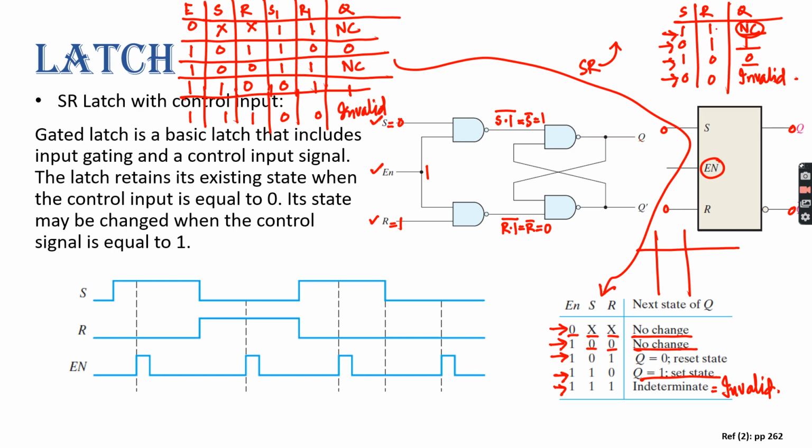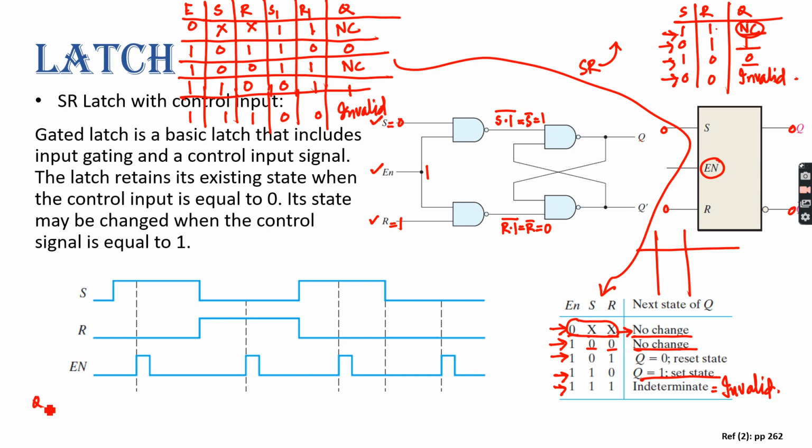So now if you understand that, now let's do this output diagram. For this output, we have to keep remembering that as long as my enable is 0, the output will be no change, right?